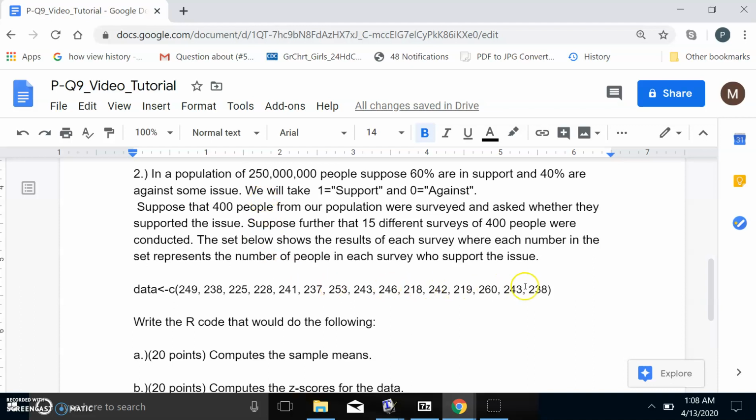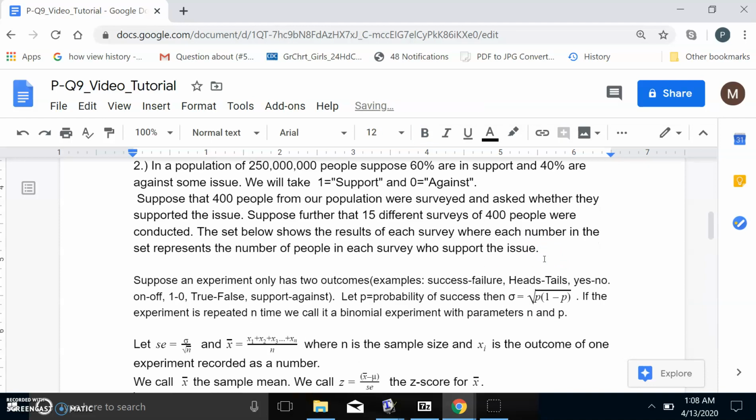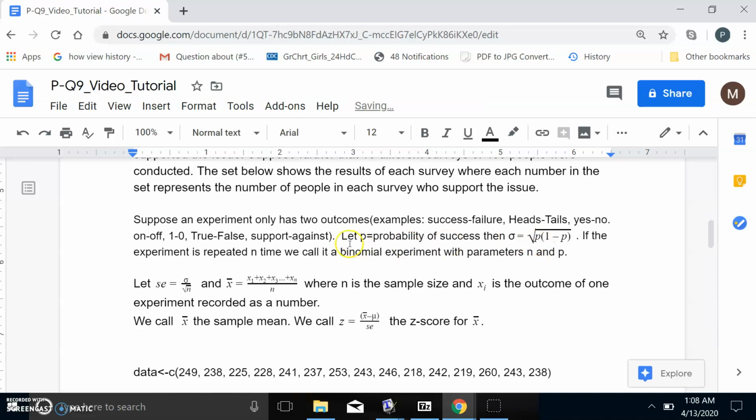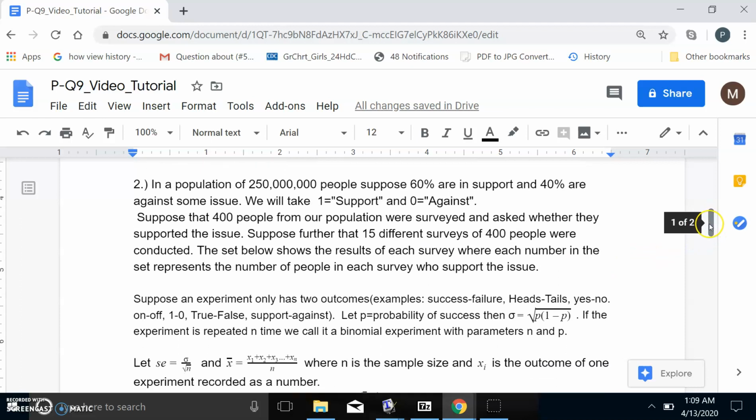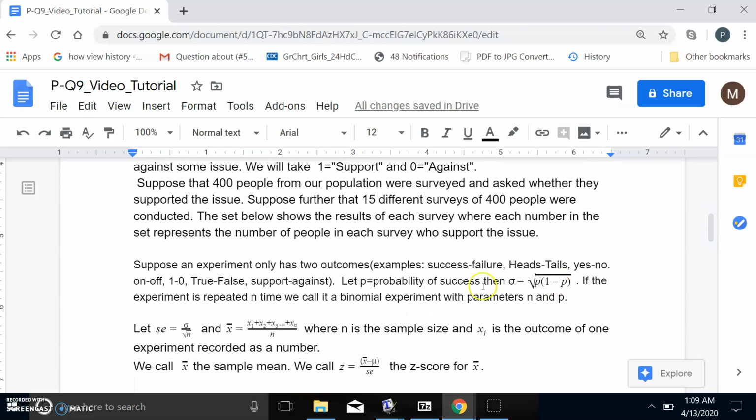So let me just define a binomial experiment here and some other things that we're going to need. An experiment only has 2 outcomes. In this case, it's either support or against. So there's only 2 outcomes. Some examples would be success, failure, heads, tails, yes, no, on, off, 1, 0, true, false, support, against. Let p be the probability of success.